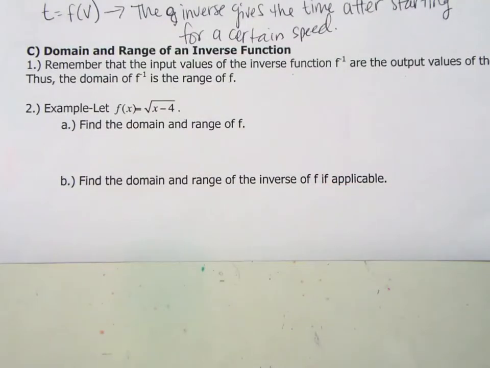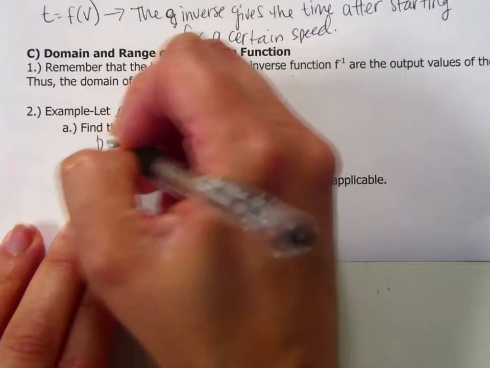So let's first think about the domain and range of our original function. Hopefully we're doing a little bit better with this. So if I'm looking at that square root function, I'm thinking what in terms of my domain?